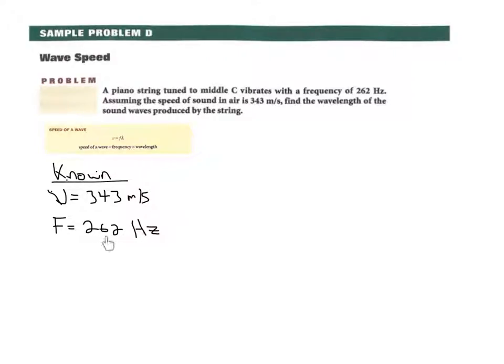So imagine Taylor Swift doing that. Shake, shake, shake, shake, 262 times in a second. That would be very hard. We're trying to find the wavelength, right? So we're trying to find lambda, which looks like an upside down backwards Y.